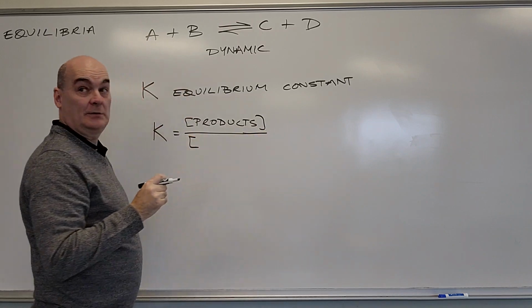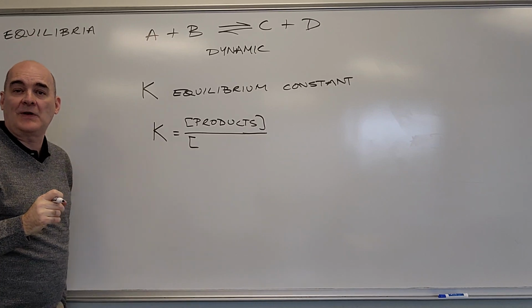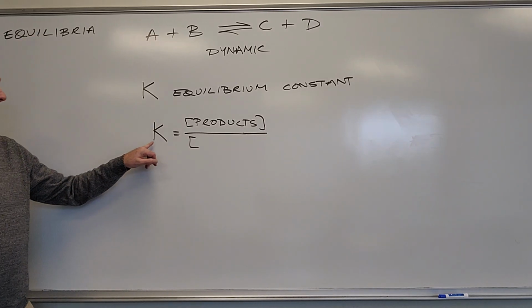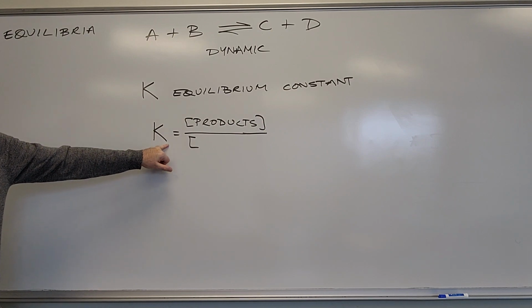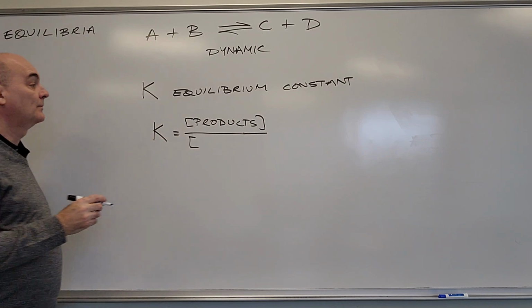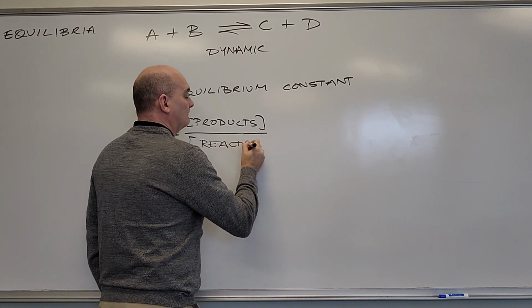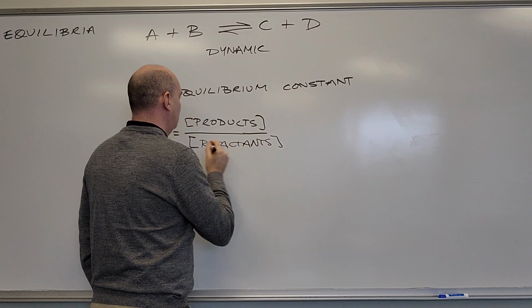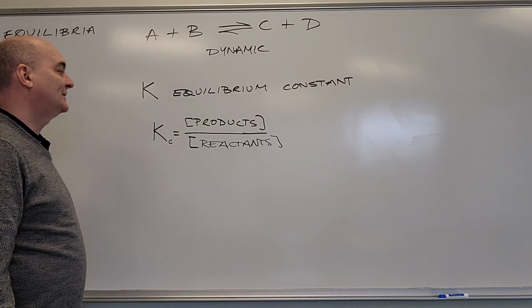This could be a pressure. If we determine its value in terms of pressure, this then becomes a Kp. If we determine it in terms of concentration, it becomes a Kc. Okay, so because I've expressed that in terms of concentration, this is now a Kc.